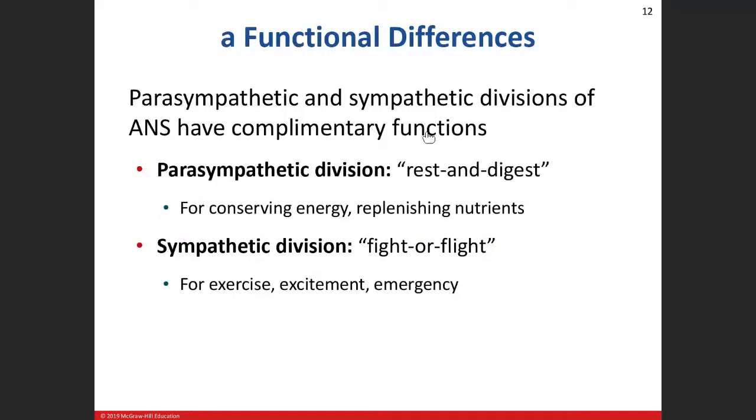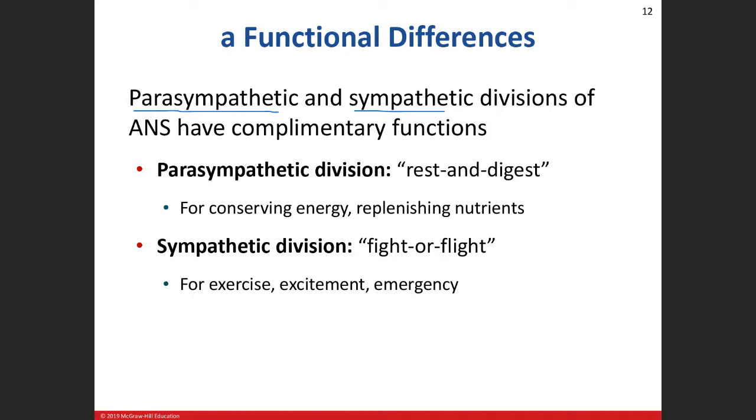Let's jump in and talk about the two divisions of the autonomic nervous system. You need to know these, parasympathetic and sympathetic. So parasympathetic, rest and digest. Just after you eat and you kind of hang out, you are going to be stimulating your parasympathetic division quite nicely.